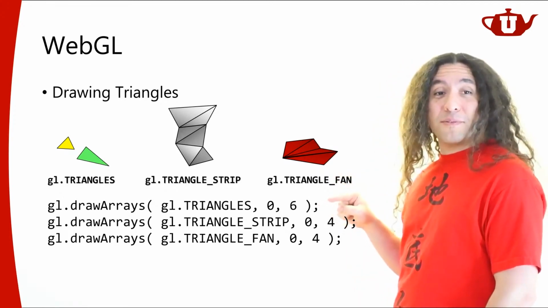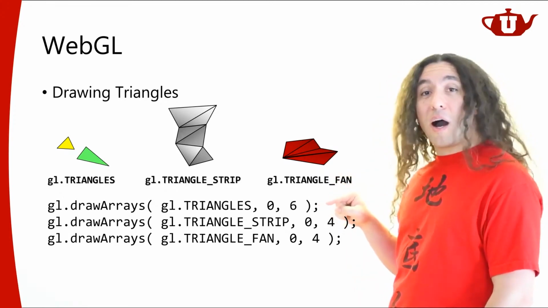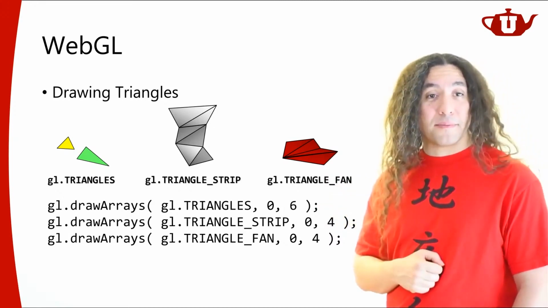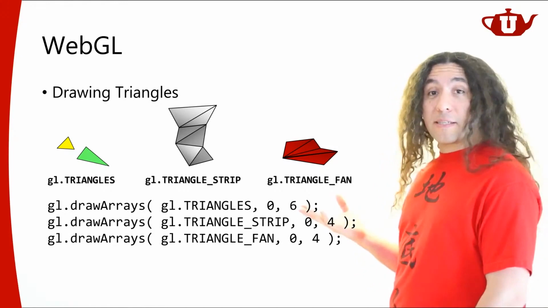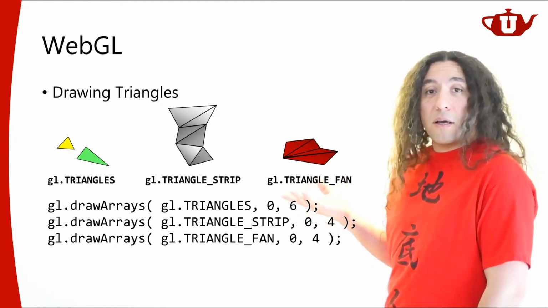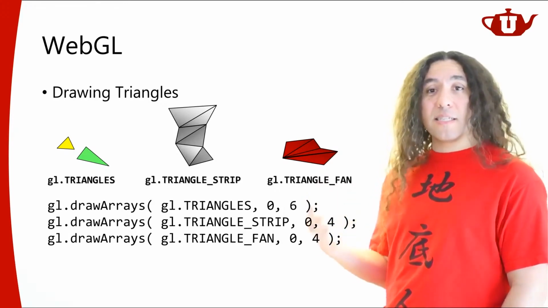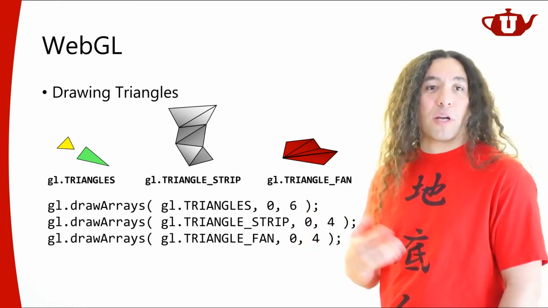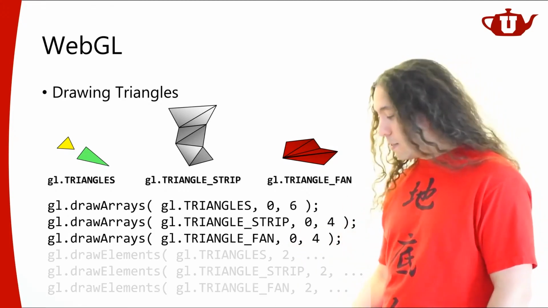Remember, we sort of minimized our duplication cost with triangles when we use an elements array. We can use an elements array with these two. There's nothing stopping us. The same thing will apply. It's just that this time our elements array will be forming strips or fans.